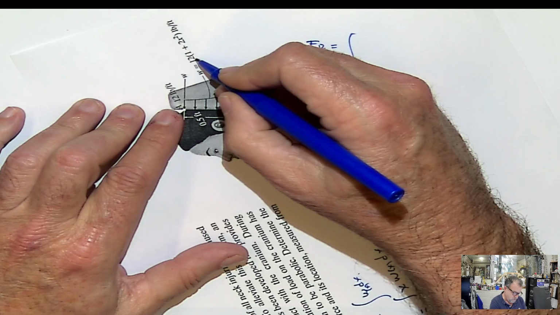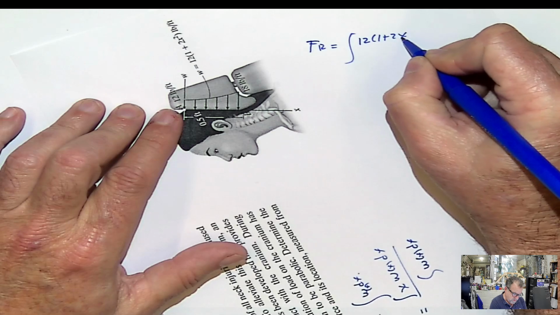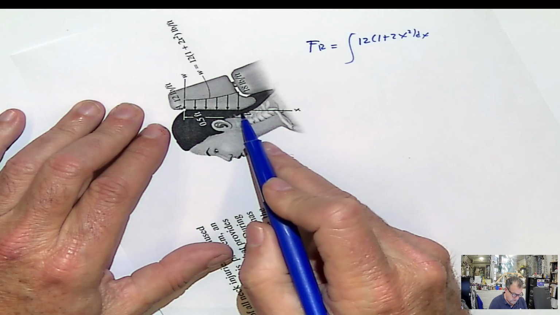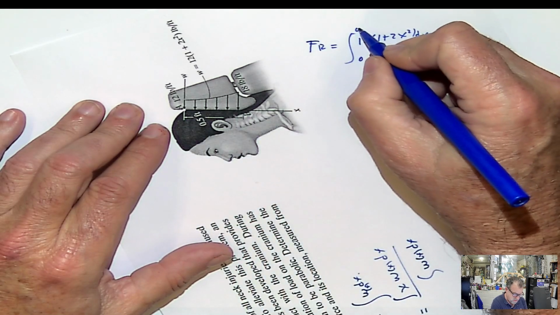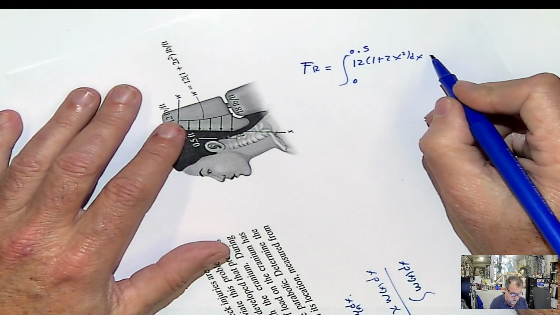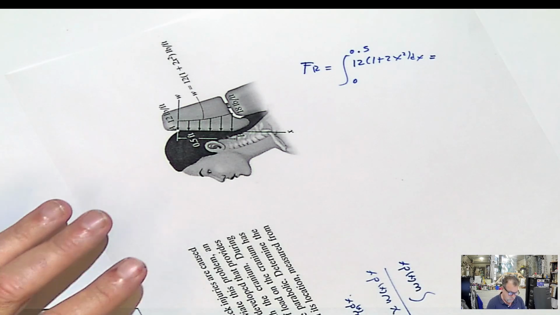What is the function? The function is this one, 12 times (1 plus 2x) squared dx between 0 and 0.5. And that will be the resultant force. I am not here to teach you how to do integrals. You're supposed to know how to do integrals.